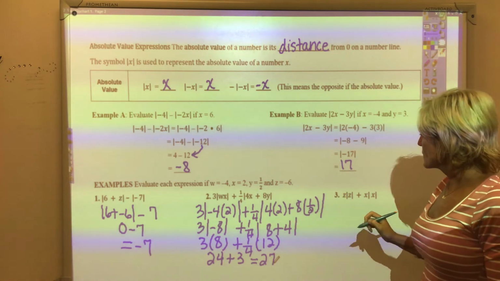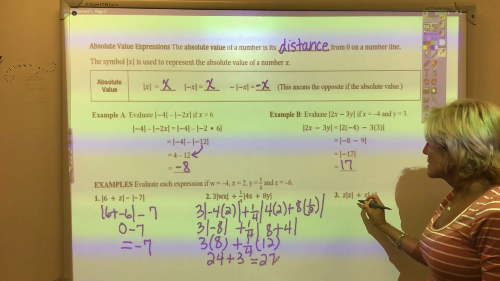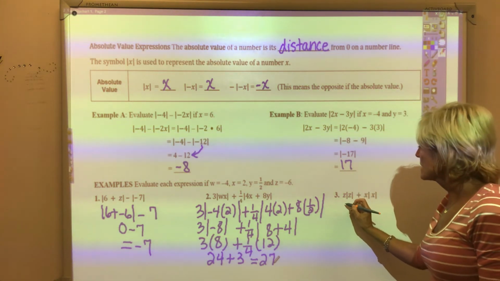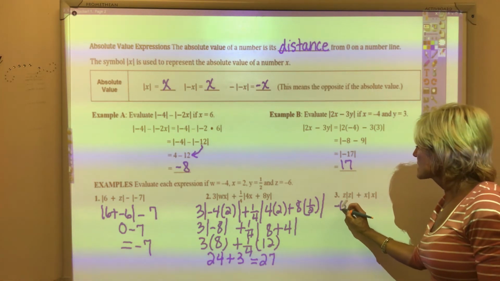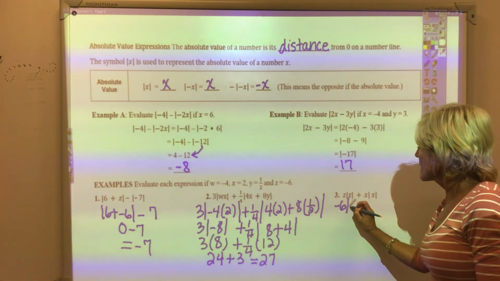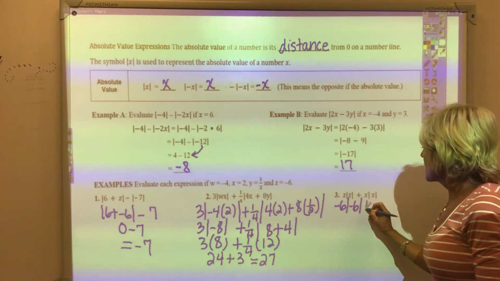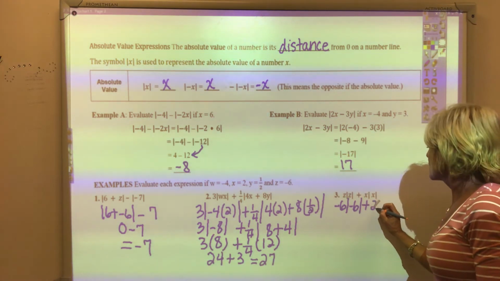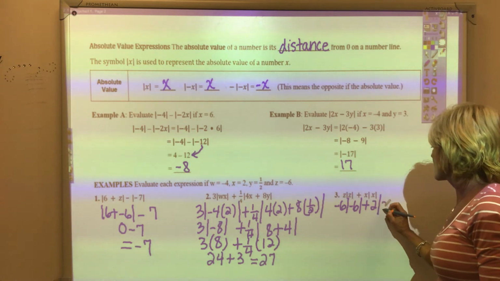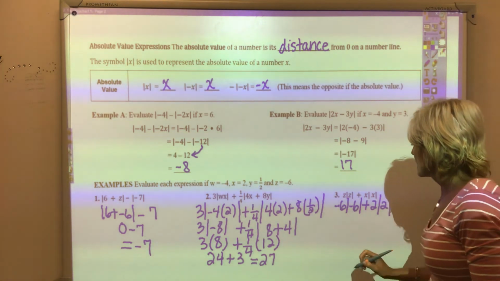For the third problem, we have z times the absolute value of z. So that would be negative 6 times the absolute value of negative 6, plus 2 times the absolute value of 2.